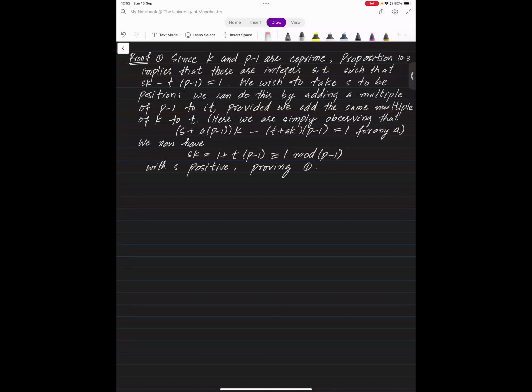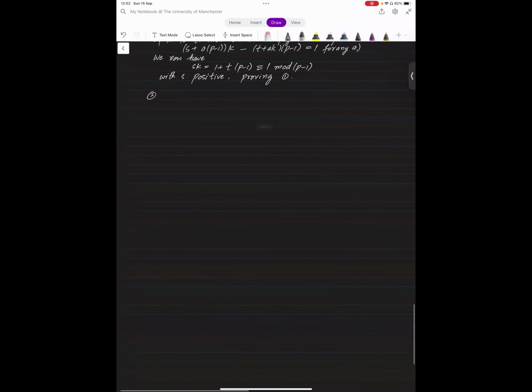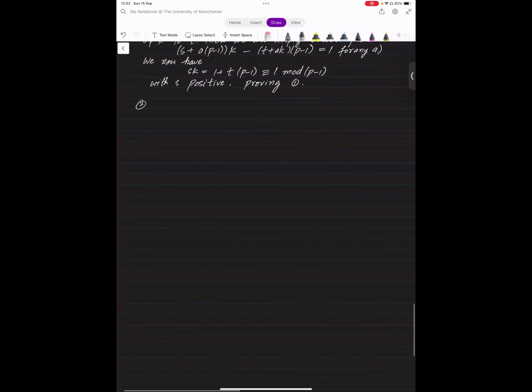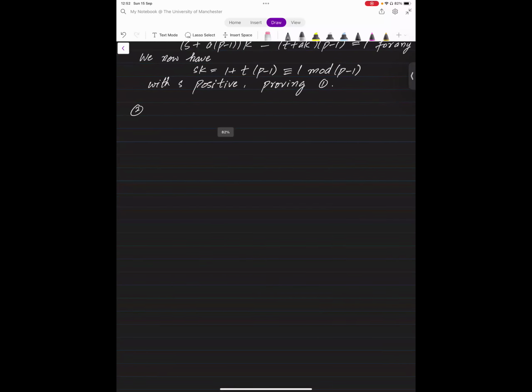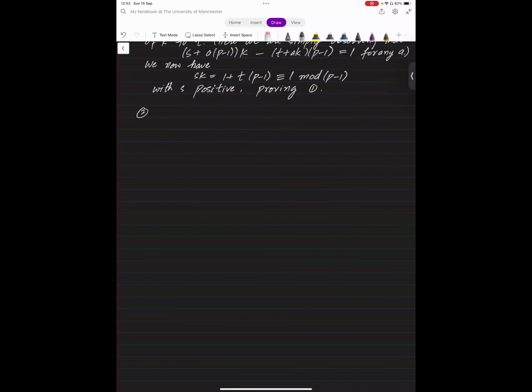Number 2. Two says, suppose that x is a solution to x power k congruent to b mod p.